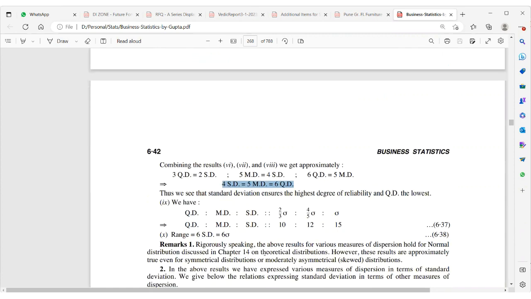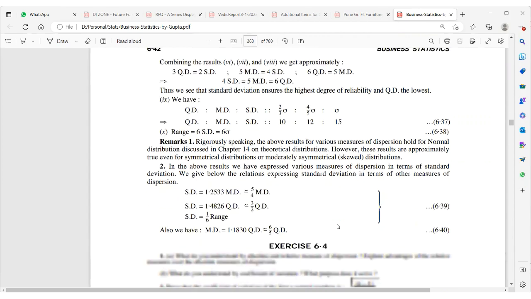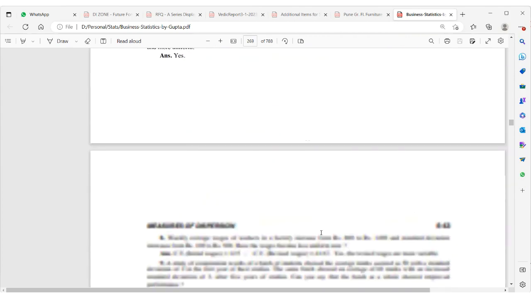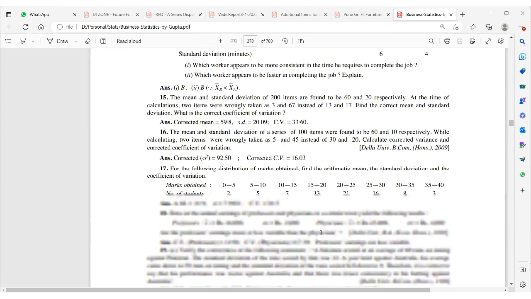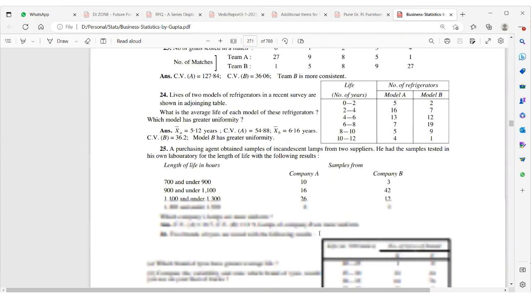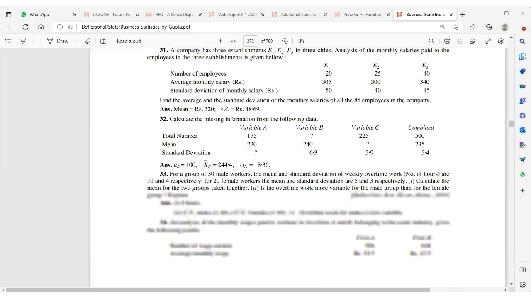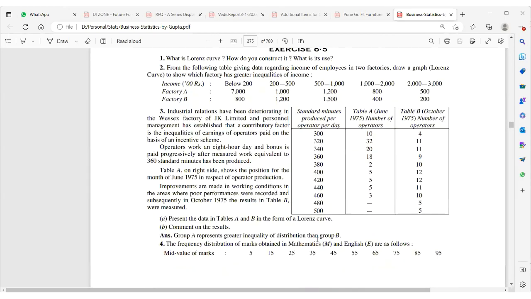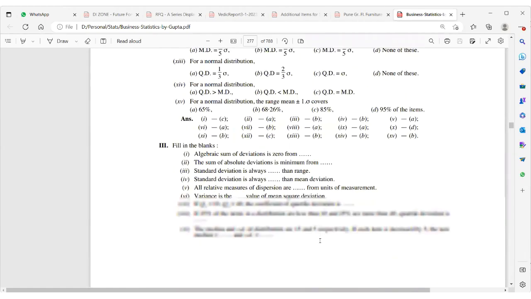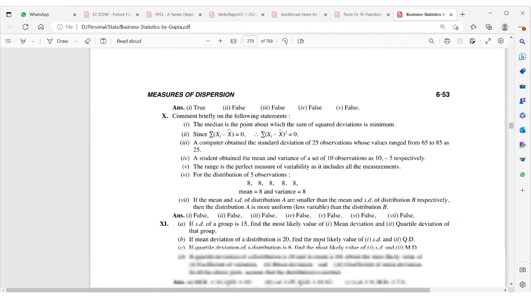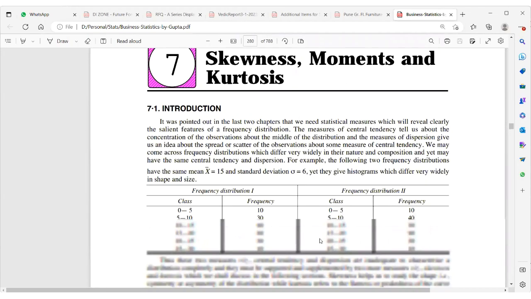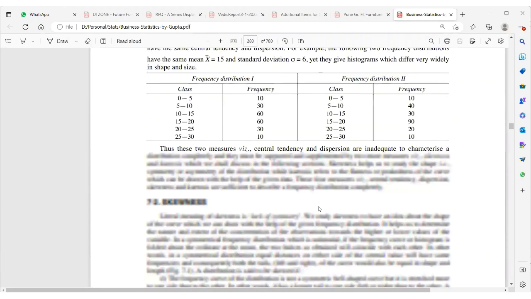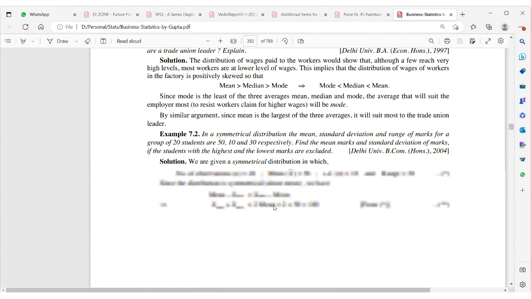That means 4 times standard deviation equals 5 times mean deviation equals 6 times quartile deviation. This is not in your course.